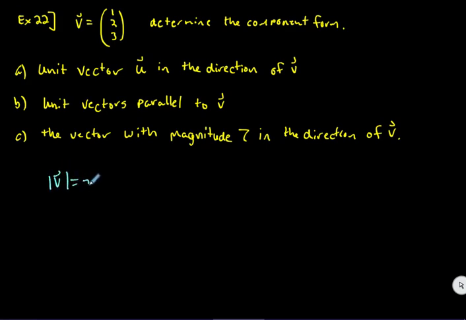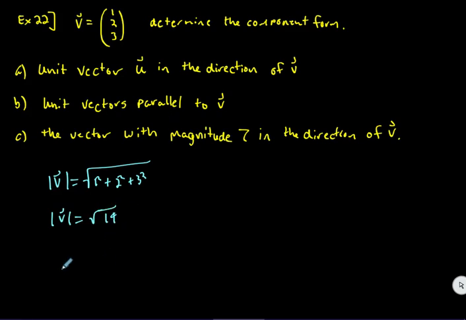The magnitude of v is going to be the square root of 1 squared plus 2 squared plus 3 squared, which is 1 plus 4 plus 9, that's 14. So the magnitude of v is just going to be the square root of 14. Good.